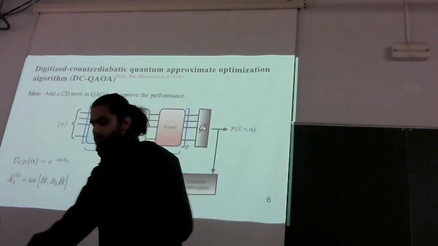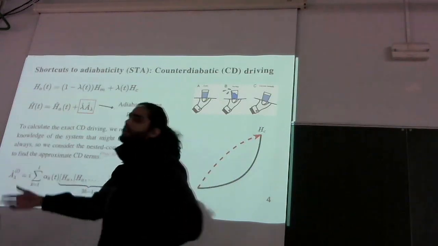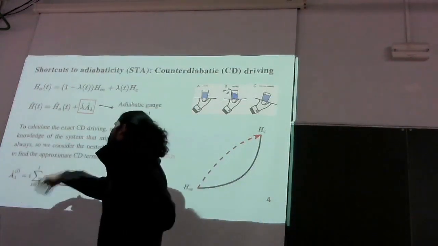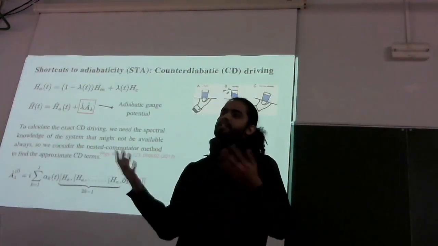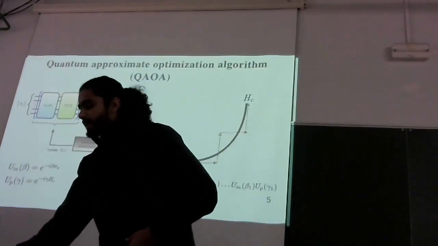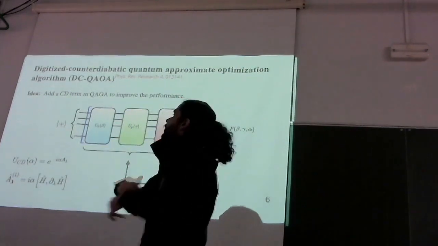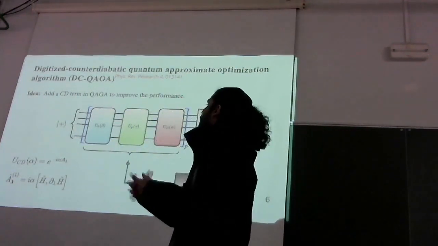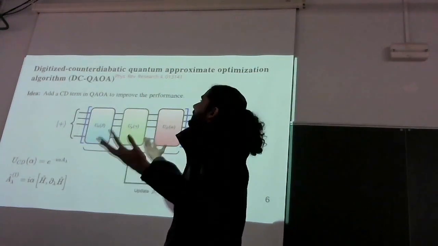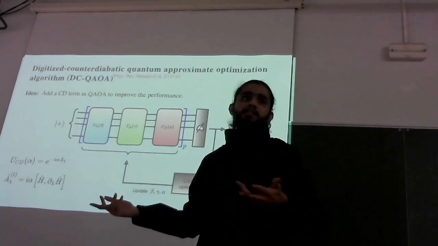There are multiple ways to find this parameter, but in our case, as we are dealing with classical optimization, we keep it as a free parameter. So instead of getting just 2 parameters per layer, you get 3 parameters. Your degrees of freedom increase, and then you have counterdiabatic driving in some sense, so that you can get to the solutions faster.